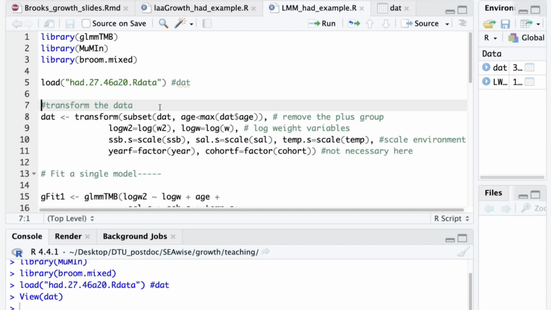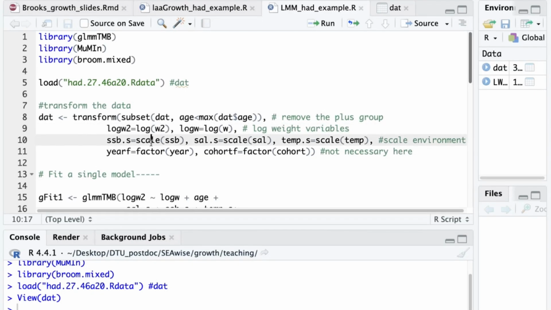So I take that data that we just read in and transform it. I'm taking a subset where I remove the plus group because of that time varying mixture of the ages. And I'm putting the weights on the log scale. Then I'm using the scale function to change the SSB and salinity to have mean 0 and standard deviation 1.